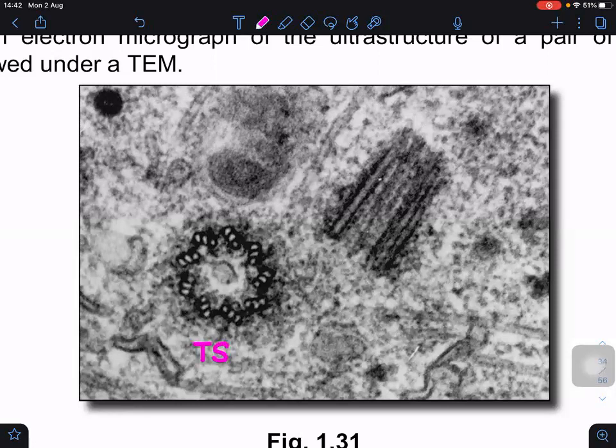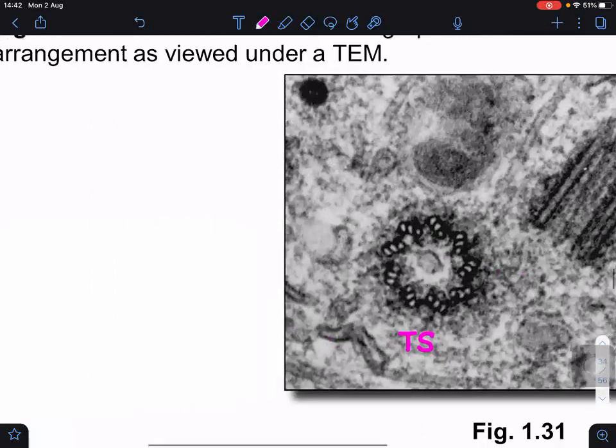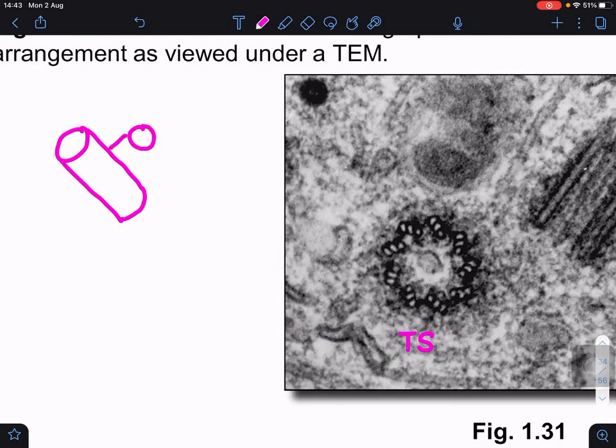The rod shape is the longitudinal section. If I have the rod shape like this and they are perpendicular to each other, there will be something like this. If I view it from here, this one will give us the round shape, and this one will give us the rod shape. You view it from that angle.